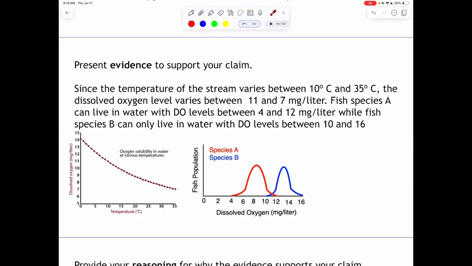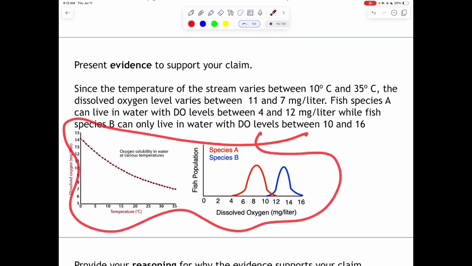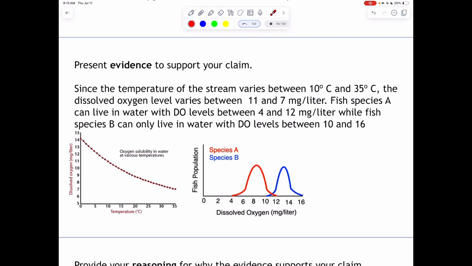Now we're going to go into our evidence. Our evidence is all coming from these graphs. So as we mentioned before, it is connecting the temperature, which is this graph, to the fish species, which appear in this graph. So a great way to do that is to say, since the temperature of the stream varies between these temperatures, the dissolved oxygen level varies between 11 and 7.